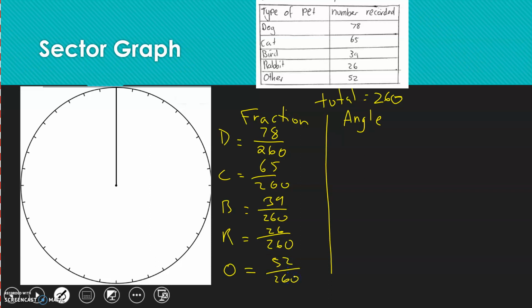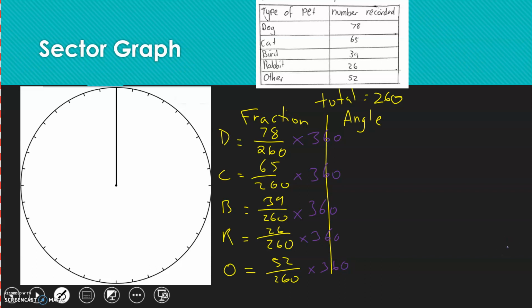Now, to work out the angle, we need to multiply that fraction by 360. So we times each of them by 360, and that will then give us the angle.